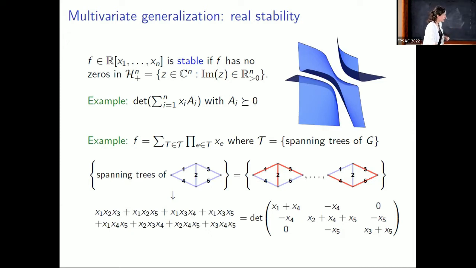So for example, here I have a graph with 5 edges. There's some collection of spanning trees of this graph, each of which I turn into a monomial, and I sum them all up. And this can be written as a nice determinant. And so we see that this polynomial, a cubic polynomial in 5 variables, has this property of stability.